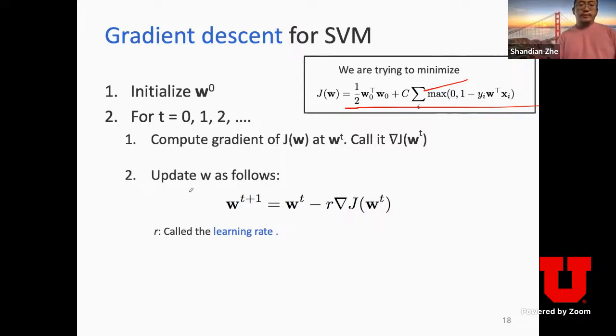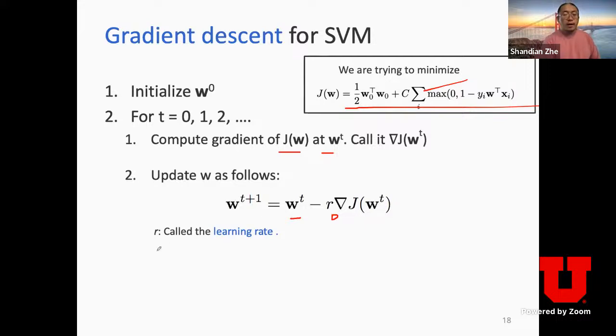In each iteration, we compute the gradient of our objective function at the current model parameters, W_t. Then we update our model parameters using gradient descent: we subtract from the current parameters W_t the gradient multiplied by some positive learning rate. And that's it.